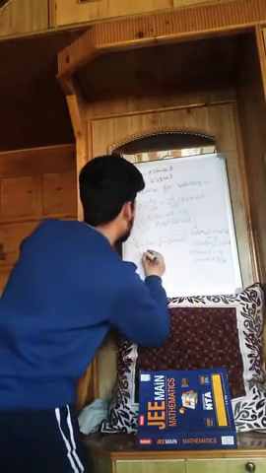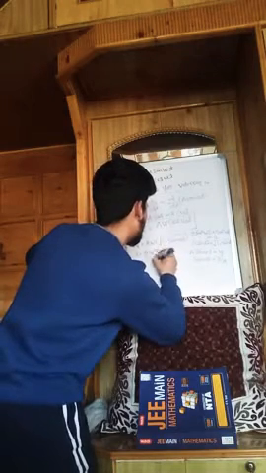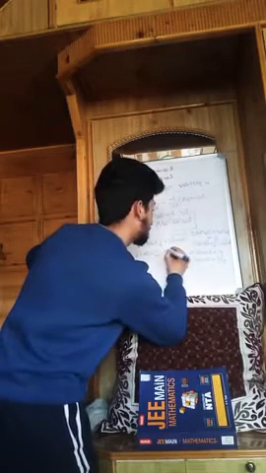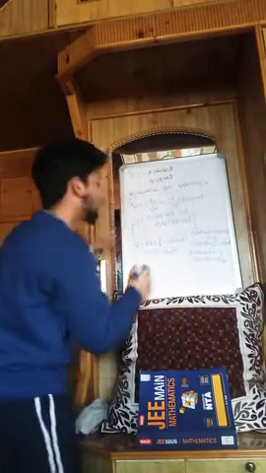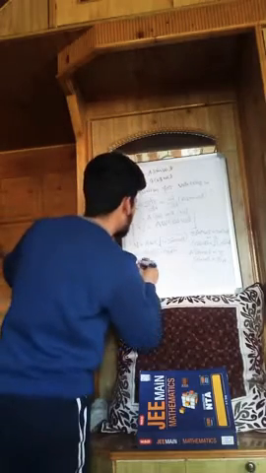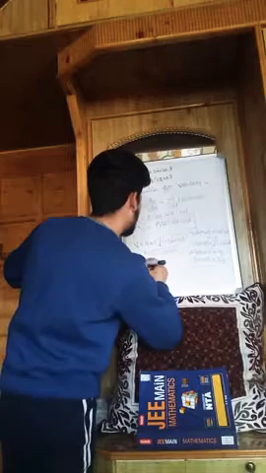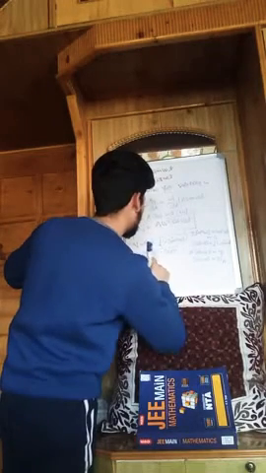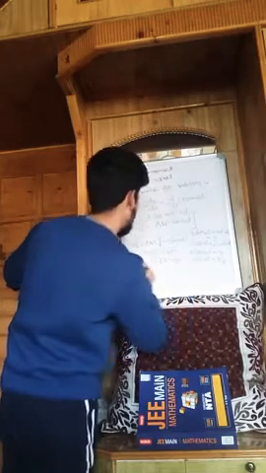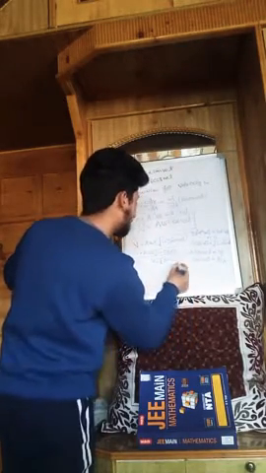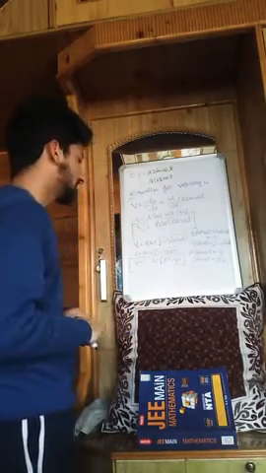So we can write here v is equal to a omega under root of 1 minus (y by a) square. After simplifying, this will come out to be v is equal to omega under root of a square minus y square. So this is actually the relation between the velocity of a particle and displacement of a particle executing simple harmonic motion.